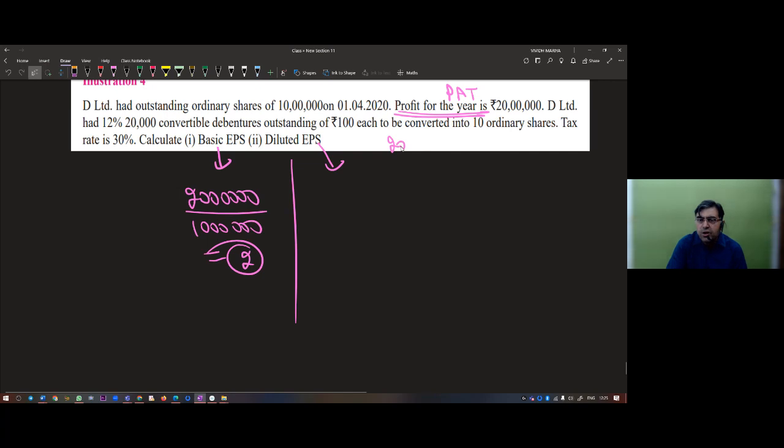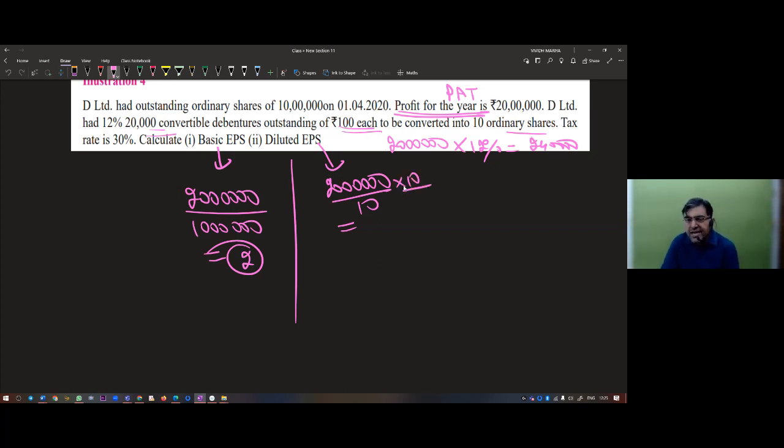So 20 lakh of debentures into 12%. If they are not debentures, this 20 lakh is also equity shares, converted into 10 ordinary shares each. Each debenture into 10. So instead of 20,000 debentures, you will get 10 against 1. You will get 2 lakh more shares.